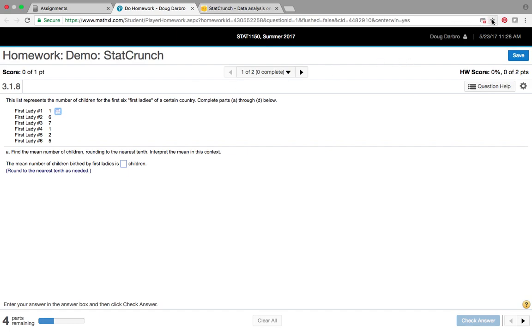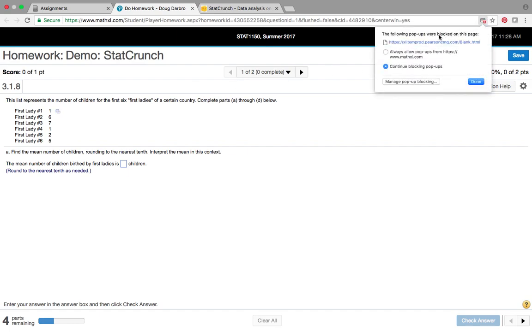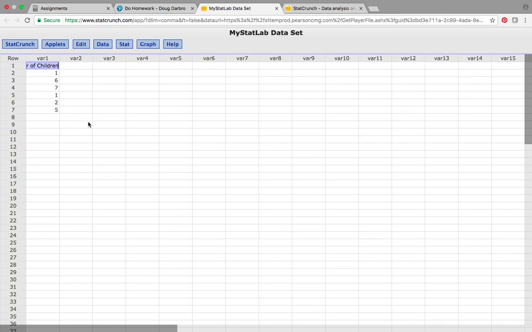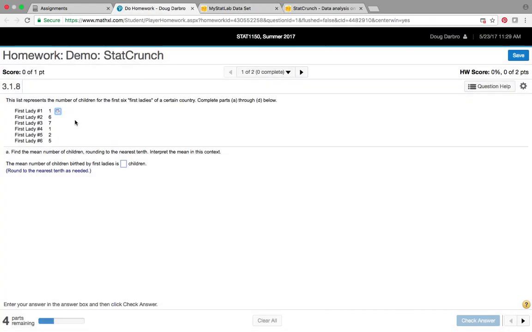I got a pop-up block, so guys, I need to come up here and always allow. So I'm going to do that again. And notice it's created a new data set and put in the numbers. So there should be 6 numbers. Let's go back and make sure that we do have 6.